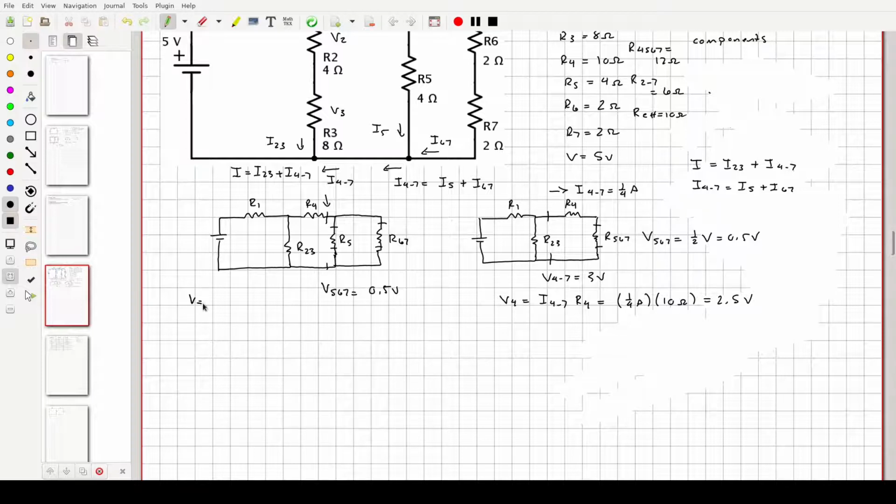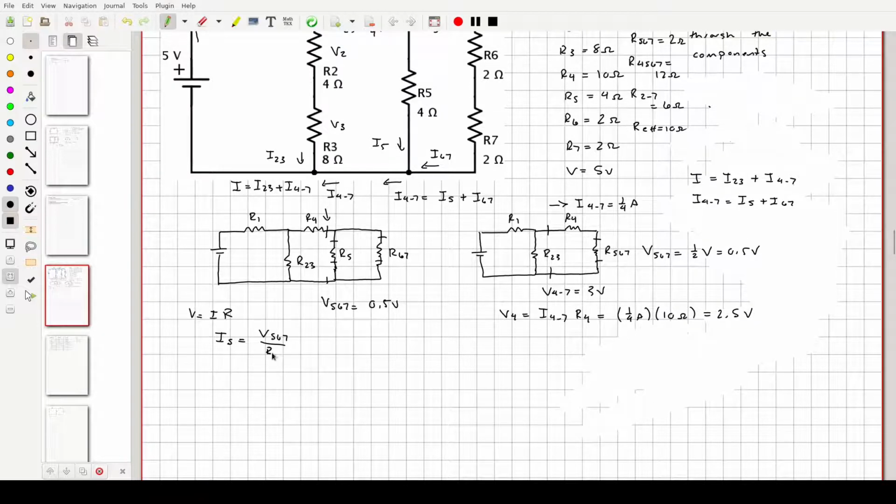And since V is equal to I times R, that means that I5 is going to equal V567 over R5. So V567 is half a volt.